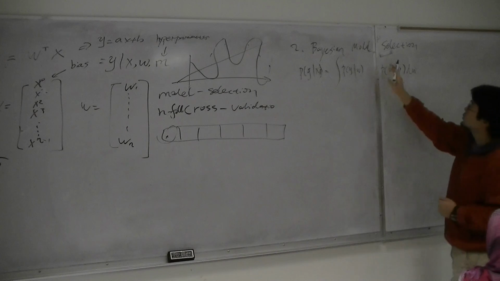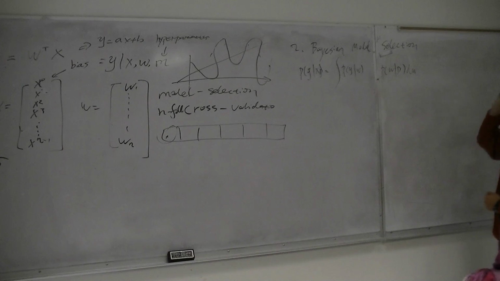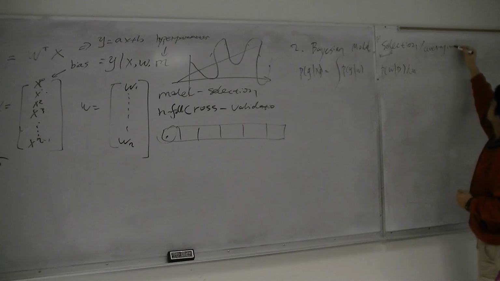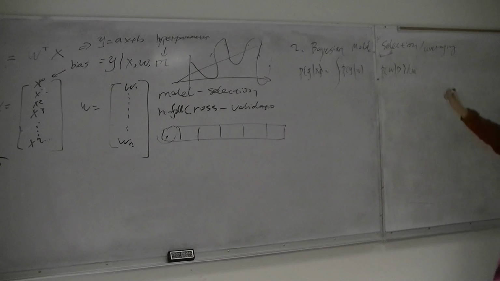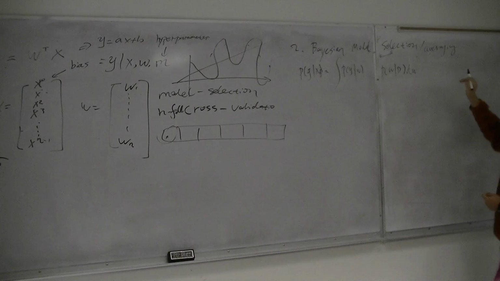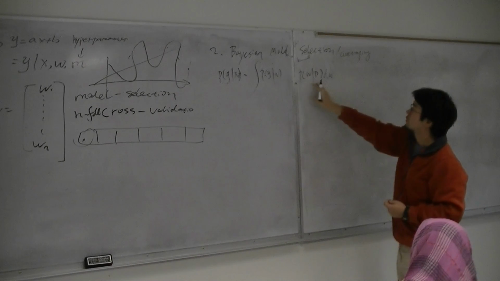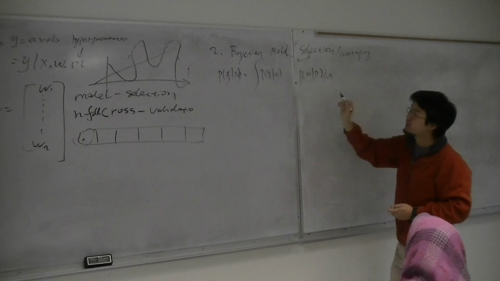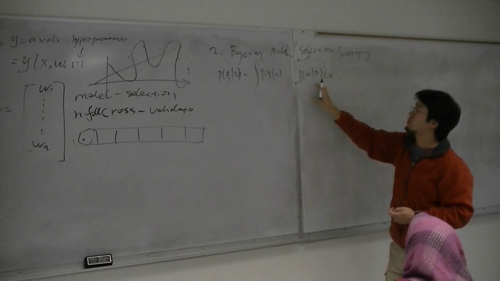And for Bayesian model averaging, the first part is actually parameter averaging, because you have a posterior distribution of parameters. When making a prediction, you want to average over all possible parameters.